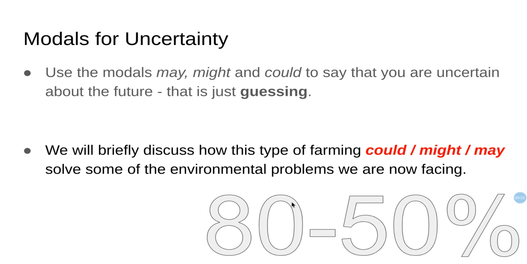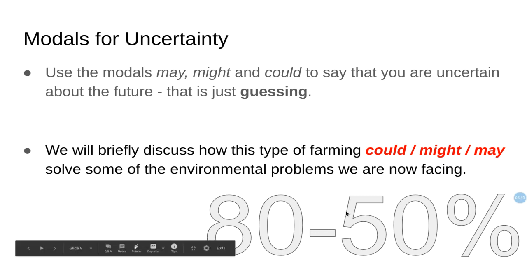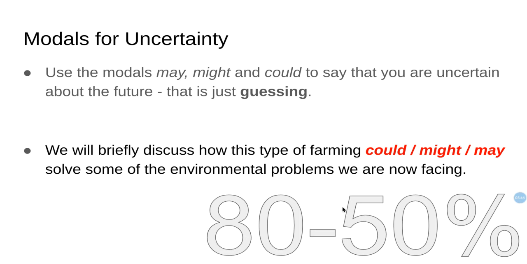We will briefly discuss how this type of farming could, might, may solve some of the environmental problems we are now facing. Is the speaker sure? Is he 100% sure? No, he is uncertain. He is guessing that it could, it might, it may fix some problems, but we're not certain. We are just guessing.